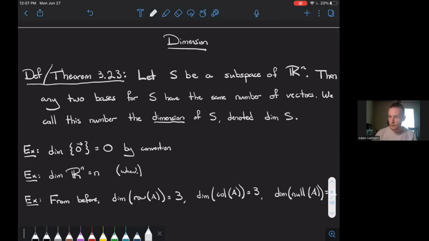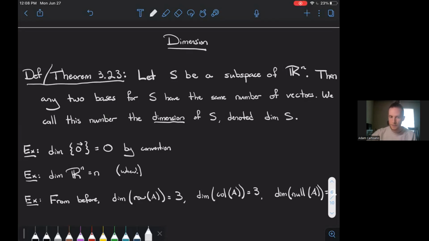Okay, I'm going to give you some examples of dimensions. The first two are kind of silly. The dimension of just the zero vector. Well, the zero vector itself, even if it's the only vector in a set, forms a linearly dependent set by convention.